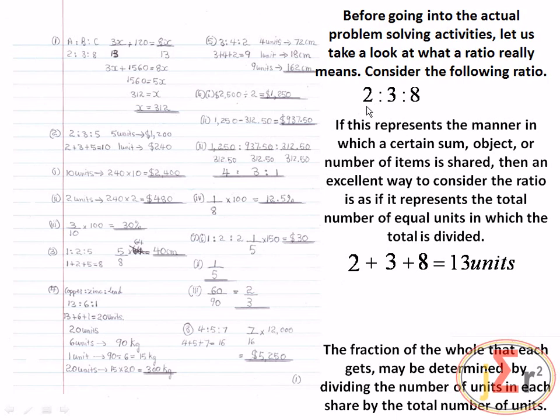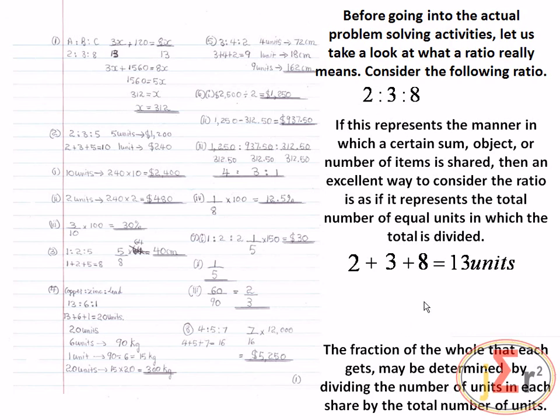That fraction may be found by taking the number of units that this one gets, which is 2, and we may divide that by the total number of units. That turns out to be 13.